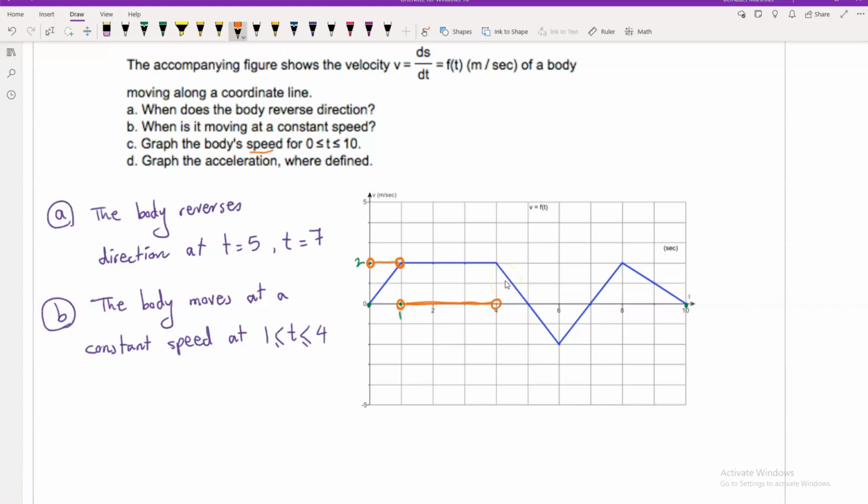And here from this point when t is 4, velocity starts to decrease.